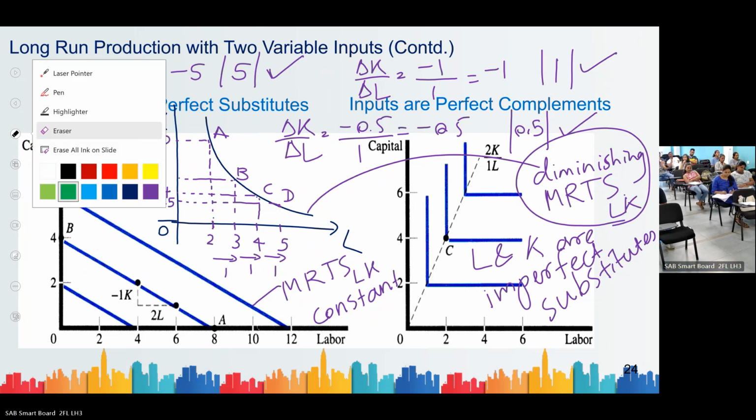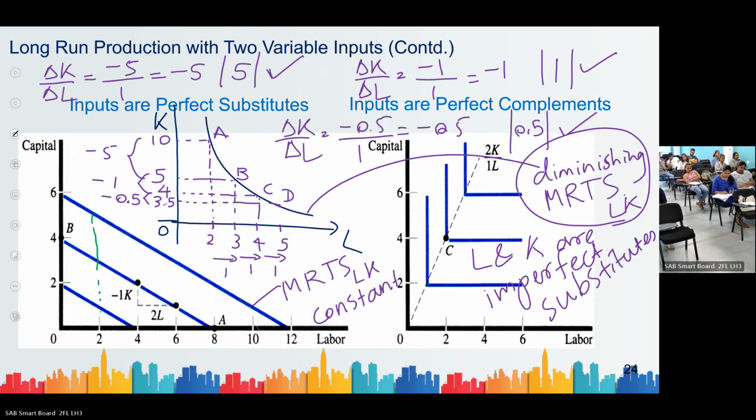You can see here, if we take the vertical changes and horizontal changes, all these points have the same slope.